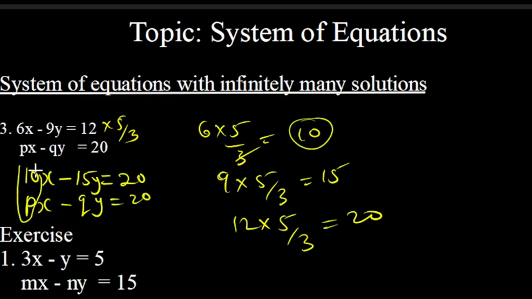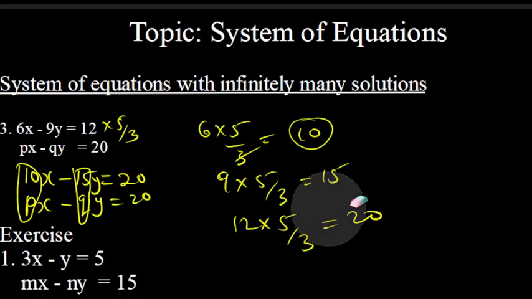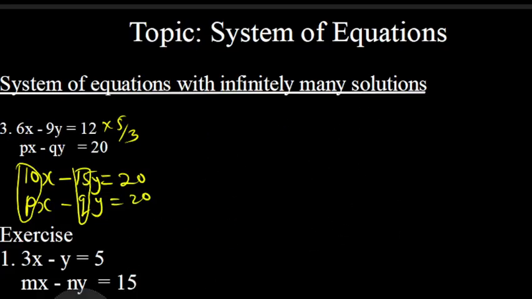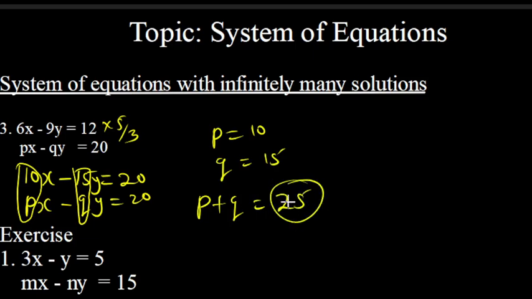So this must be equal to this, and this must be equal to this, right? Now we have p is equal to 10, and q is equal to 15. So p plus q is equal to 25.